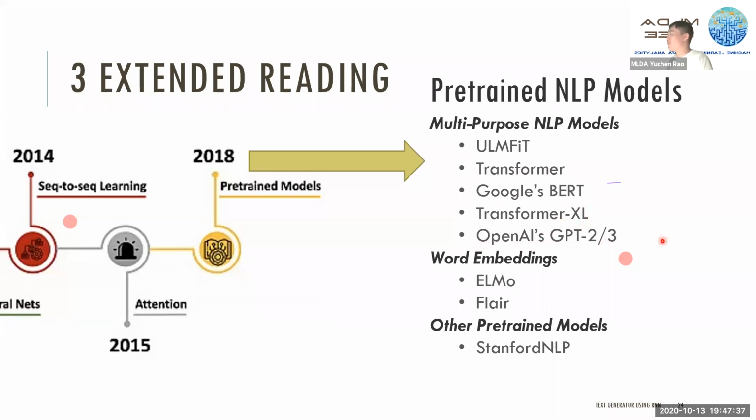And I believe most of you have heard about them. And yes, they are very powerful. These are multi-purpose NLP models. After the introduction of transfer learning, we can make minor modifications and use these very advanced models in our own style.